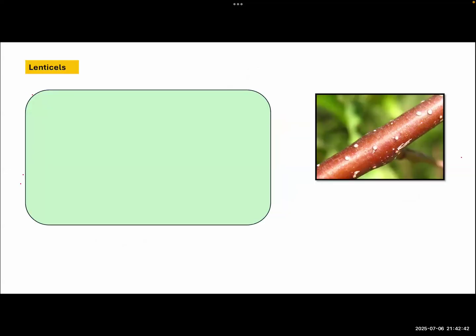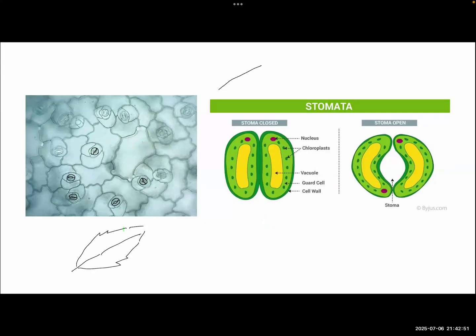But what about stems, sir? Yeah, the stomata will usually be green in color, because inside it we have chloroplast, and chloroplast contains chlorophyll, the green pigment. Getting it? Yes, sir. That is the thing here.